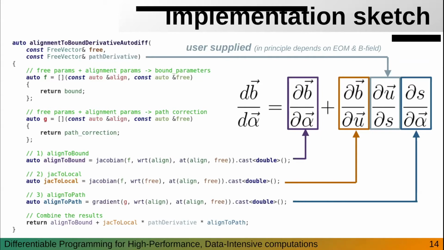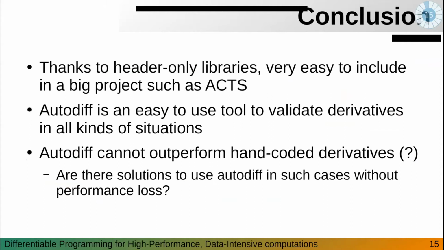Those were the two use cases. To wrap this up, because we have these nice header-only libraries, it was very easy to include this in a big project such as ACTS, and we can use it as a very easy tool to validate these derivatives in all kinds of situations.